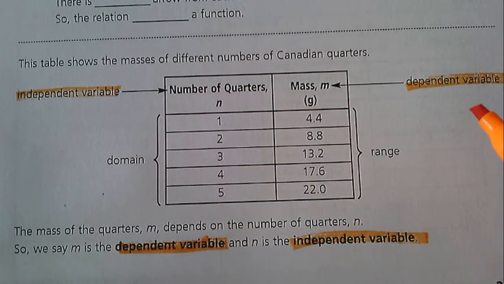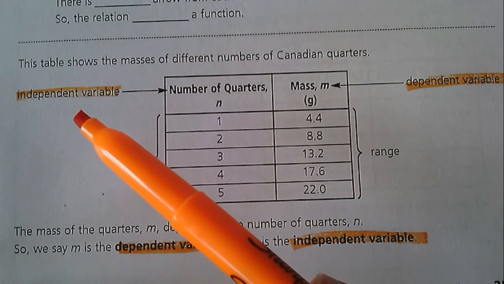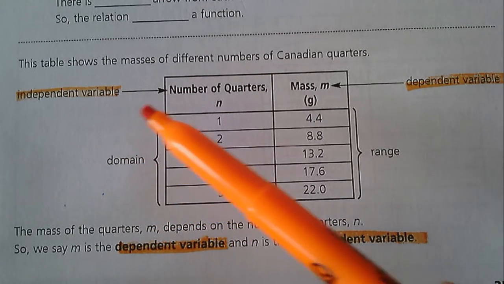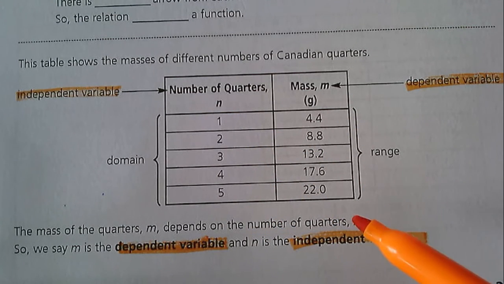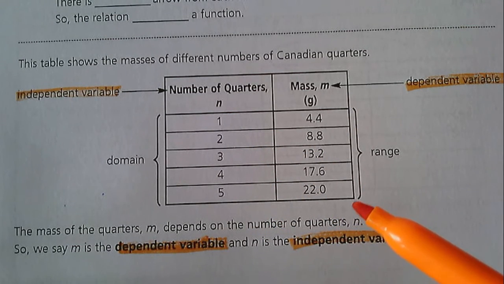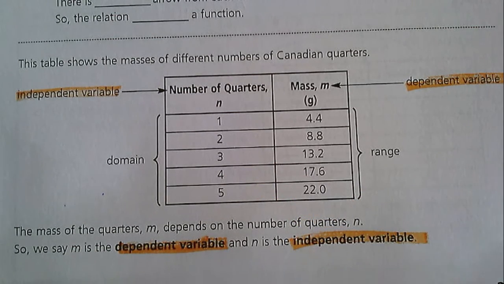So the dependent variable will change according to a change in my independent variable. But remember, my independent variable is not affected by my mass, but rather the other way around. The mass, my dependent variable, is affected by the number of quarters, my independent variable.